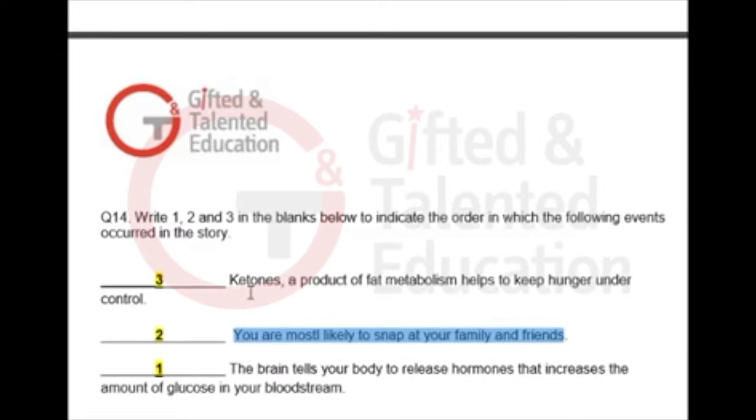Your body is very smart. It also will try to break down fats and you get ketones. So there you go. If your brain has insufficient amounts of glucose, it will find ways to help itself. Step 3.